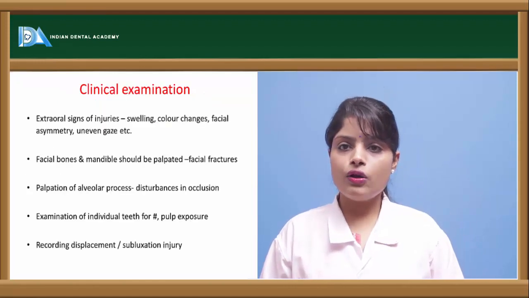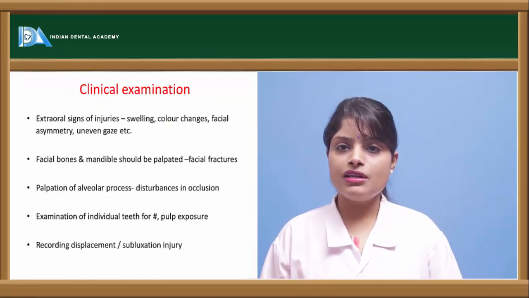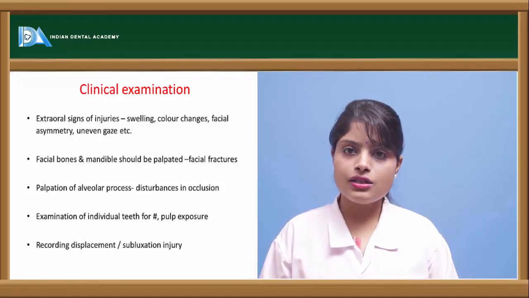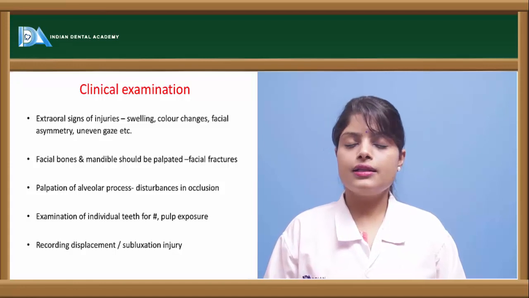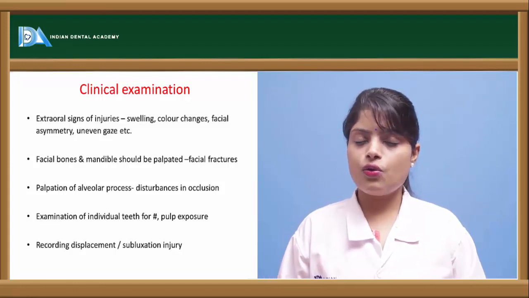Now, moving on to the clinical examination of the patient, we have to examine both the hard tissues and the soft tissues, the extraoral as well as the intraoral examination.